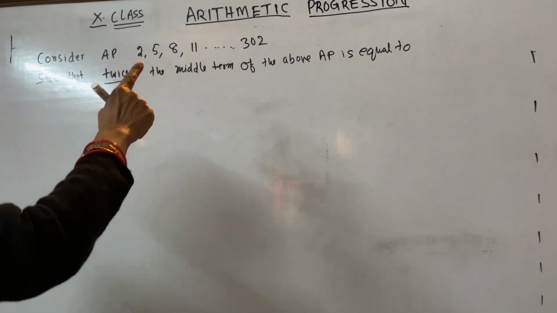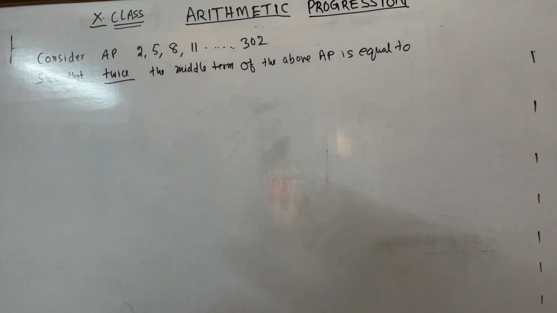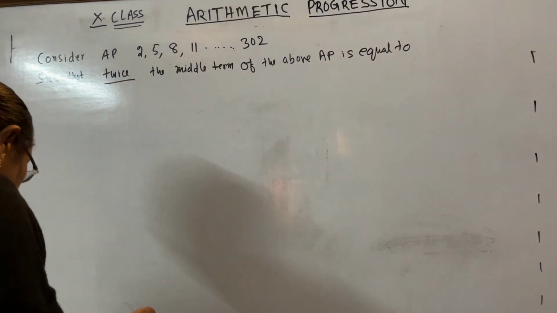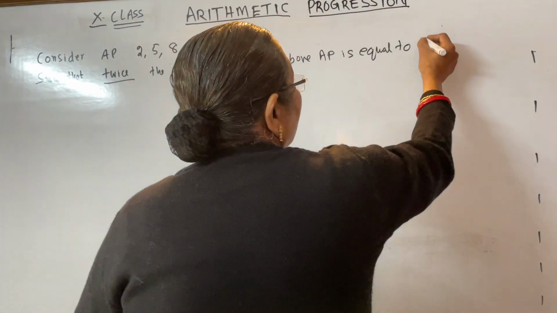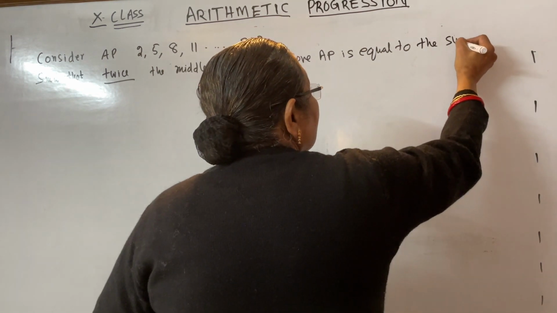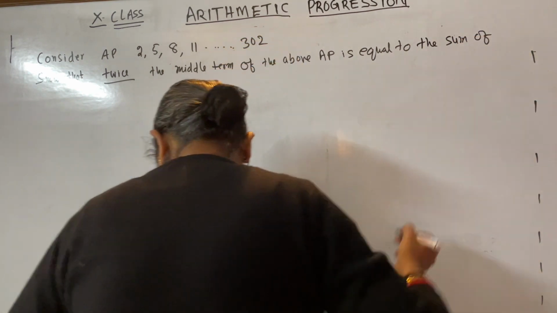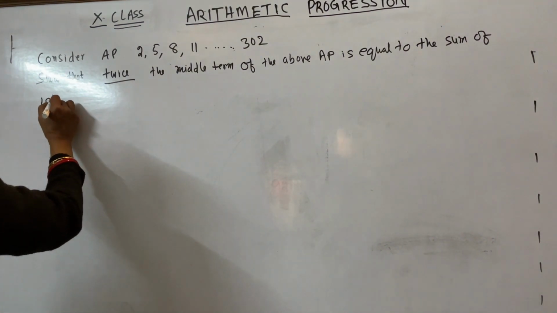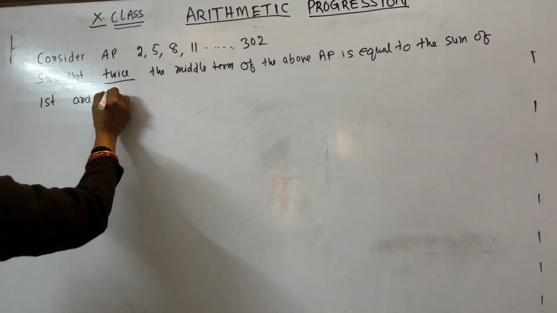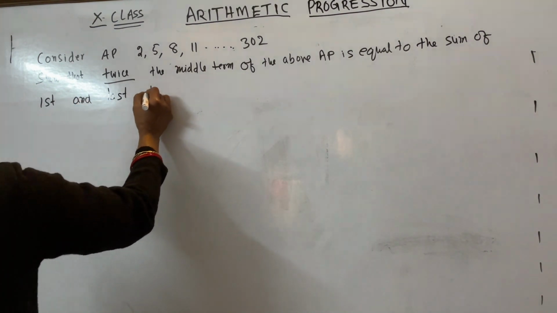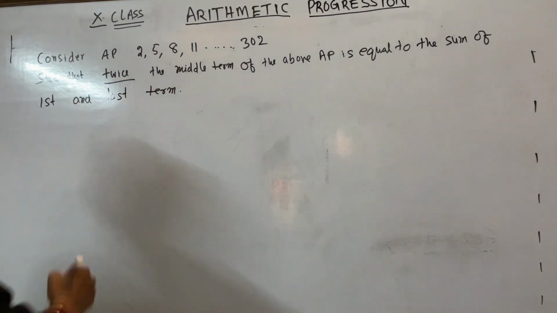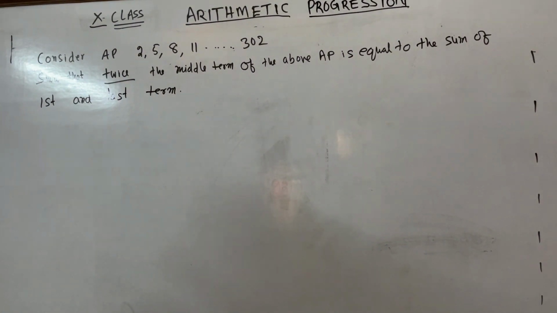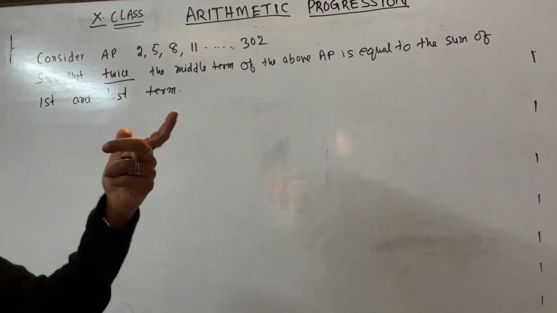We have to find the middle term and multiply it by 2. That will be equal to the sum of the first and last term. This is a very nice question. It is easy, but he just twisted the question.